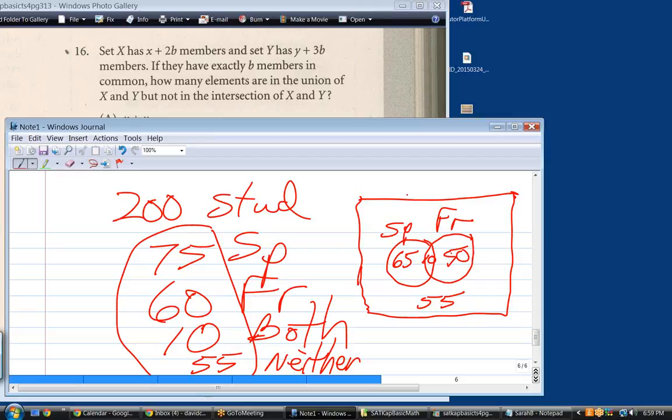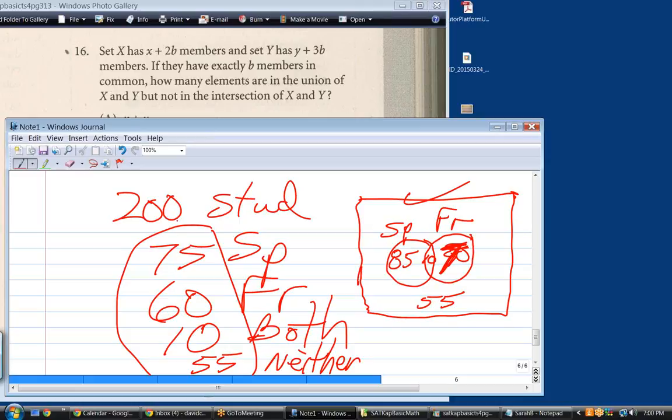No, this is correct, actually. You would have 65 students taking... No, it's not correct. No, this would have to be 85. And this would have to be 70. And now 70 plus 85 plus 10 plus 55 add to 200.